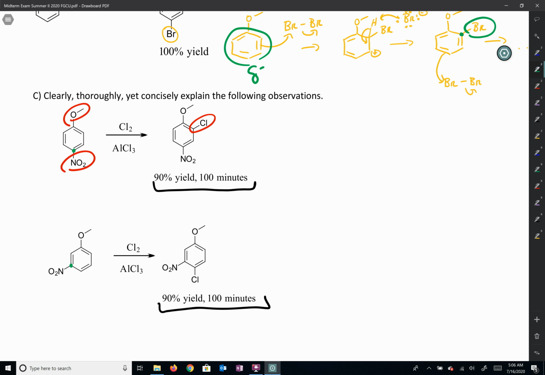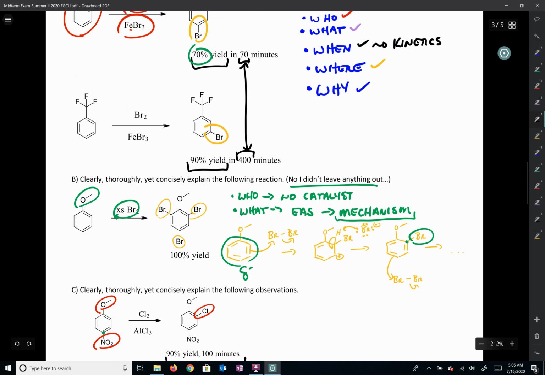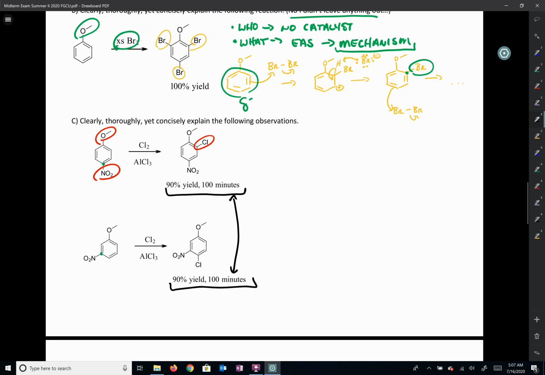So what's going on here? Again, you go through and you draw the mechanism. What you'll notice is that for this particular case, what I was asking you to pay attention to was that the yield and the time don't change. What does that tell you? This is all about the when question, the kinetics.